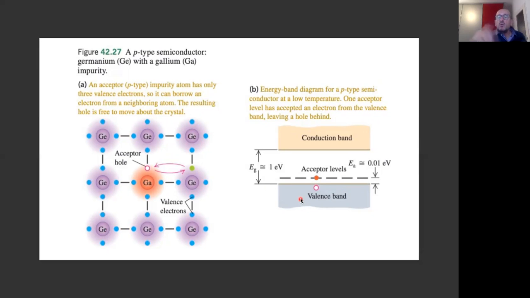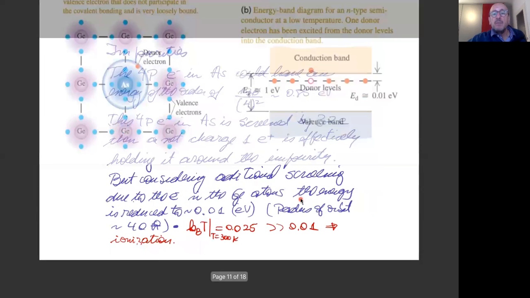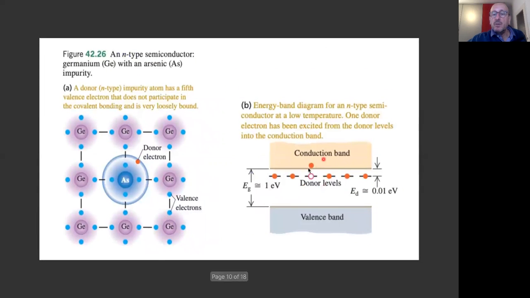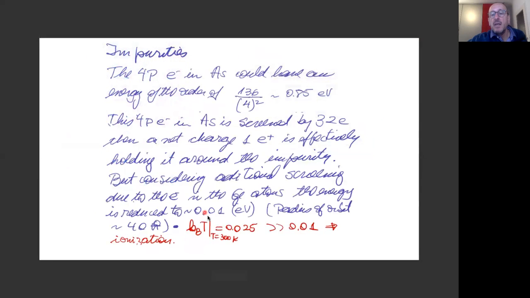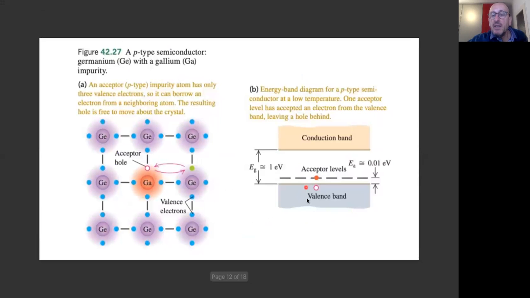So we have these two pictures. We can put in a negative charge, making an n-type semiconductor, by attaching something that has more electrons, and the one that has a missing electron is an acceptor level that actually removes electrons from the valence band. But this valence band hole can now move, can now jump.